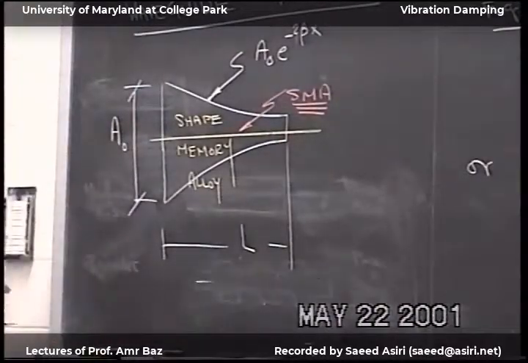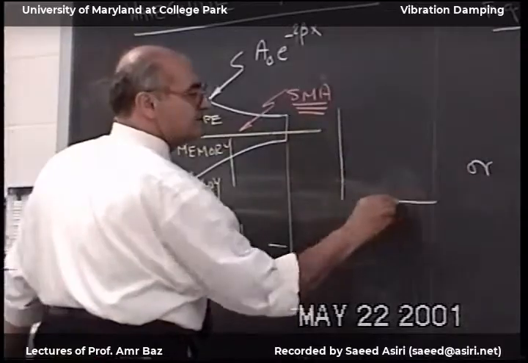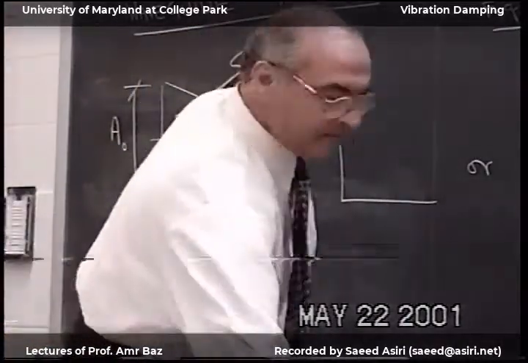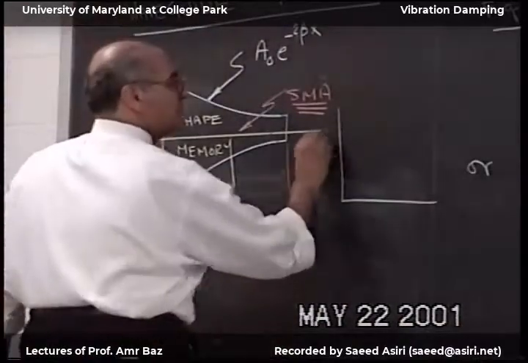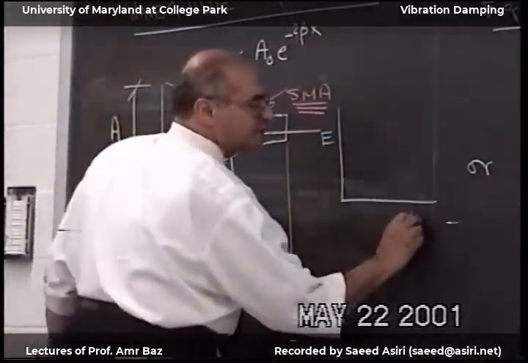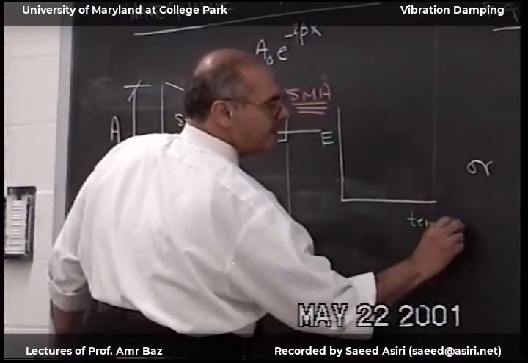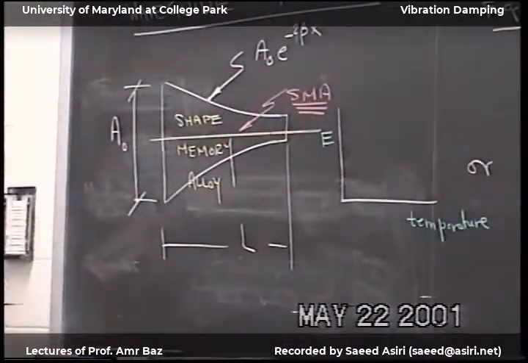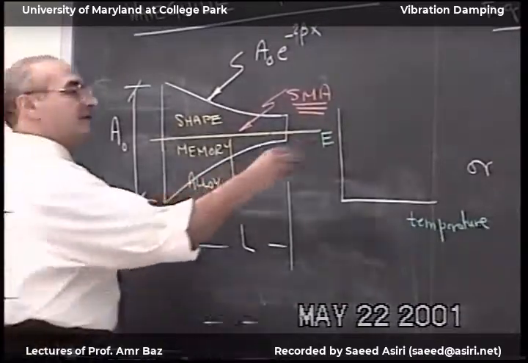SMA, the shape memory material, has this characteristic. This is Young's modulus, and then this is temperature. And this looks something like this.